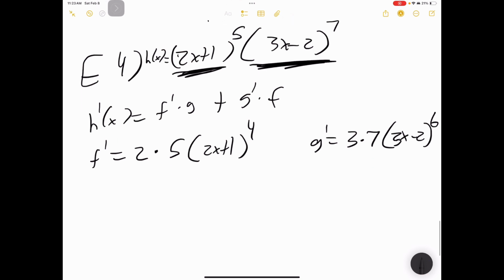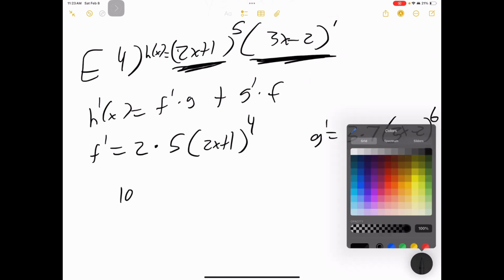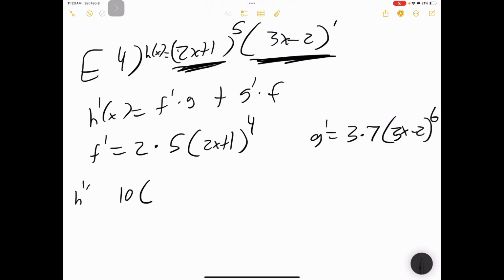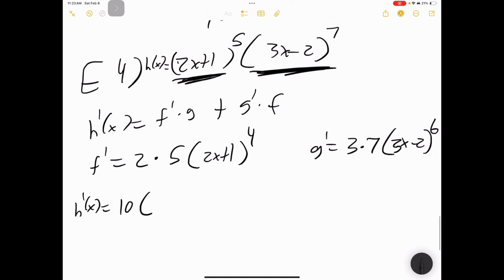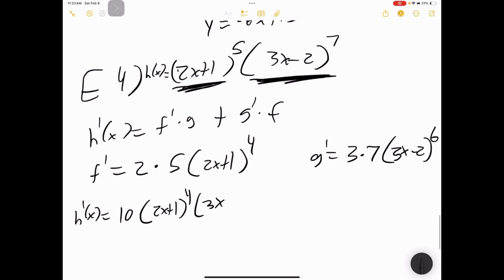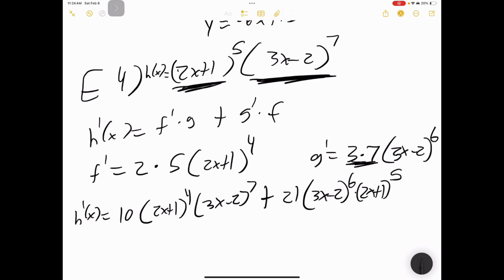Glue it all together, and what we get is, f prime, 10, our h prime of x is equal to 10 times (2x plus 1) to the 4th times g, which is just (3x minus 2) to the 7th, plus g prime, which is 21 (3x minus 2) to the 6th, got the 21 from the 3 times 7, times f, which was just (2x plus 1) to the 5th power.